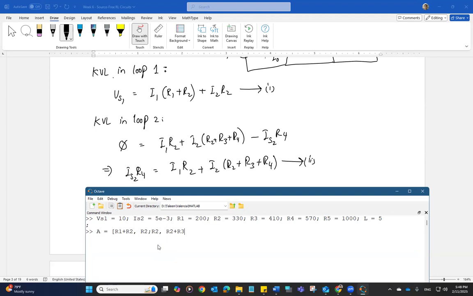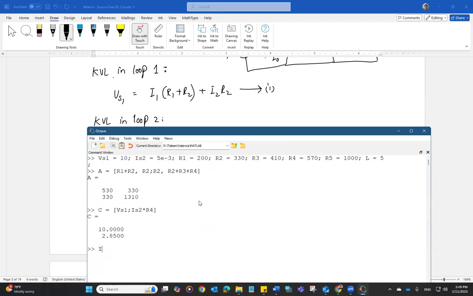That's my coefficient matrix of I1 and I2. And my constant vector on the right-hand side is VS1 on the first row and IS2 times R4 on the second.